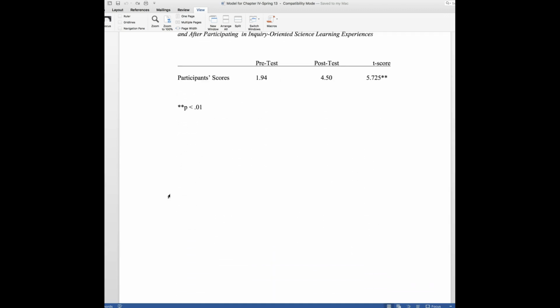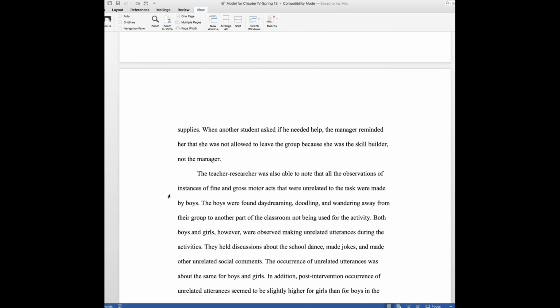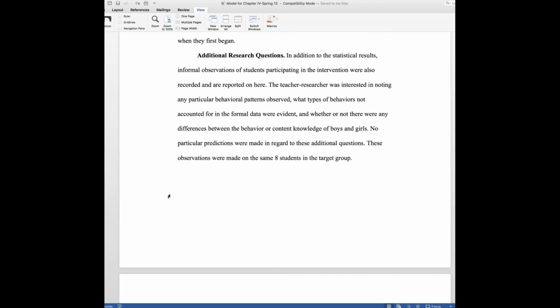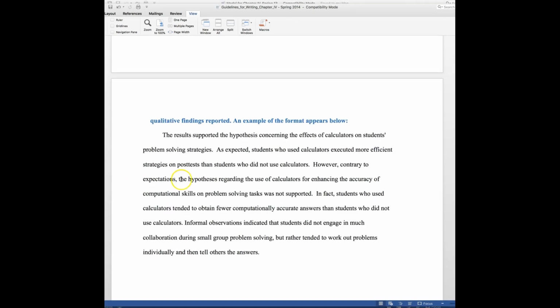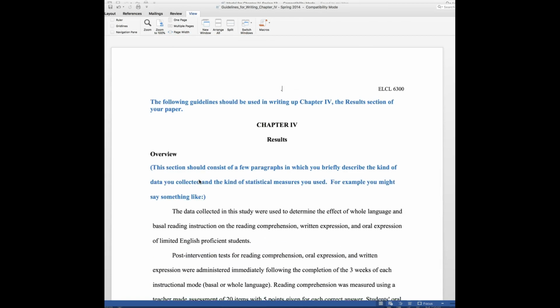Yours might be shorter if you don't have as many hypotheses. And like I said, feel free to use the examples of the language here and fit it to what you're doing in your research. You can also begin to write this when you're ready, because some of this can be set up ahead of time. You obviously can't do the test scores ahead of time, but you certainly can begin with setting up the hypothesis, the summary.